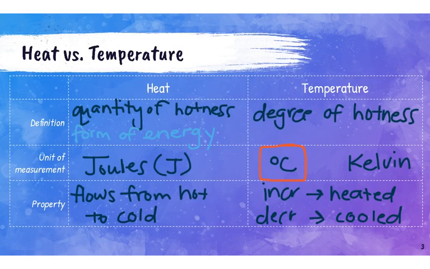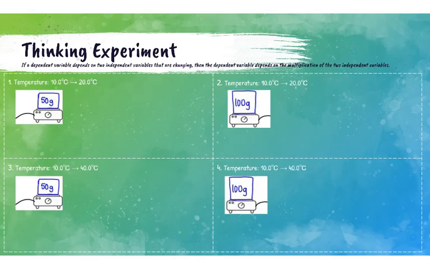Now we're going to get into our thought experiment about heat, temperature and quantity and how all of these things work together, because we did see in the video that mass plays a part and temperature plays a part. Now we're going to experiment and figure out what roles they play.